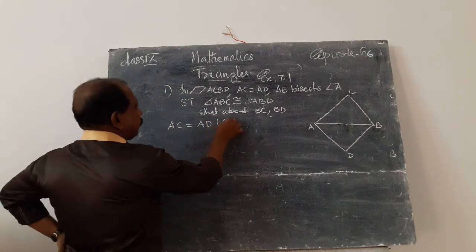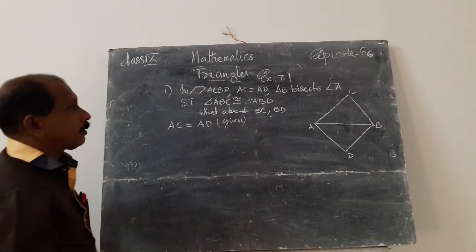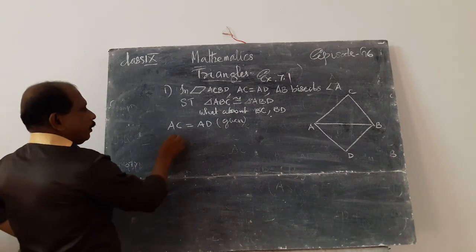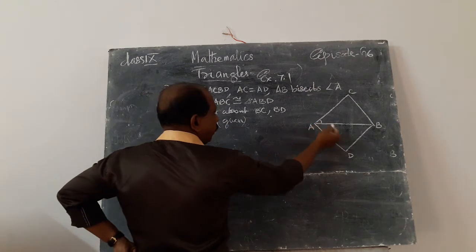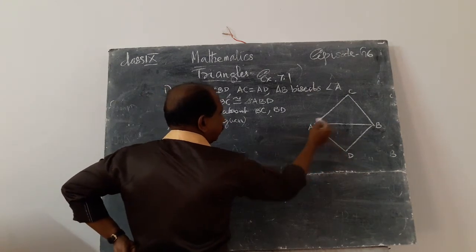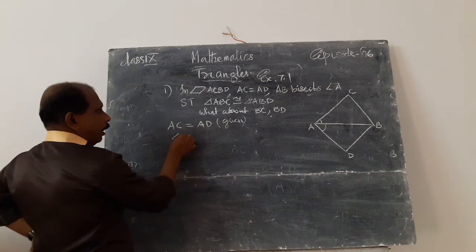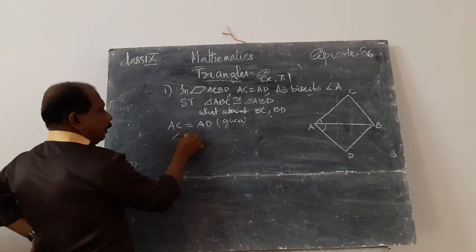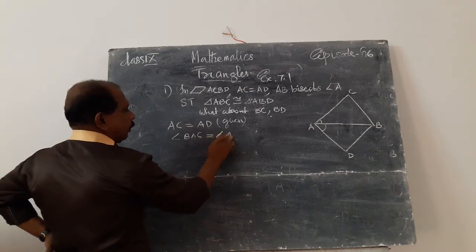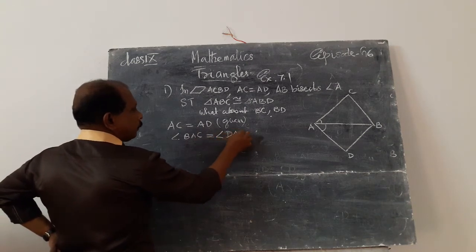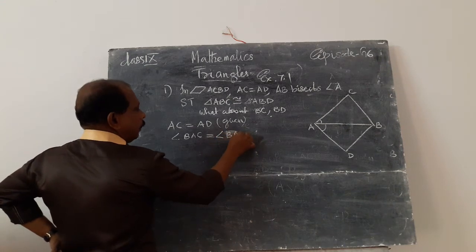And AB bisects angle A, so angle BAC is equal to angle BAD.